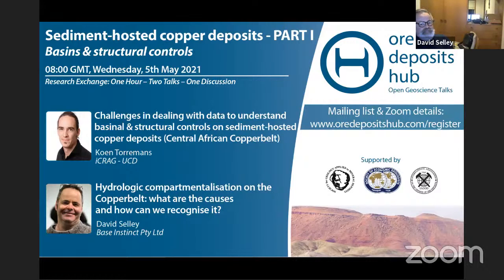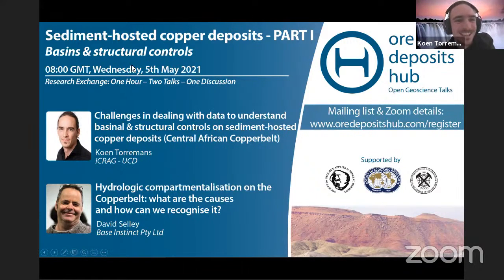But as far as I understand, that is superimposed upon the pre-existing mineralisation. So the distribution of ore within the black shales in Nkana seems to be developed independently of that decoupling surface. But I'll leave it to Koen, who probably knows a lot more about that to expand upon.